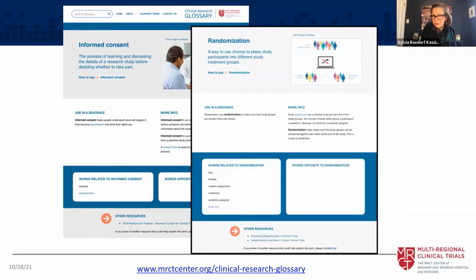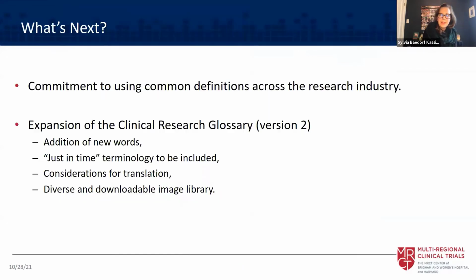This randomization image, again, just shows the way that we presented randomization. And in some instances, we created graphics ourselves to try to help explain that term. Next slide, please. So as we move forward, we are urging commitment to using common definitions across the research industry, and we're exploring expansion to version 2 of this clinical research glossary, moving from this pilot proof of concept to something more sustainable and expansive.